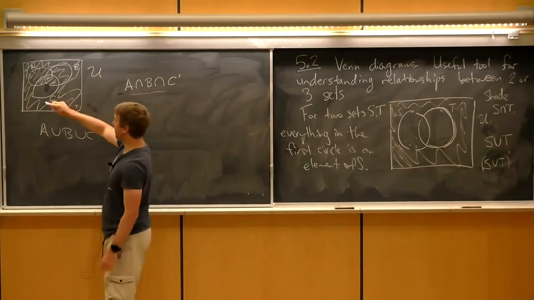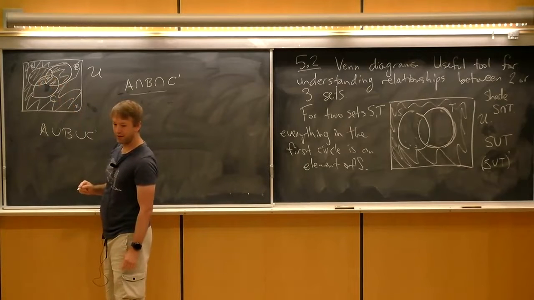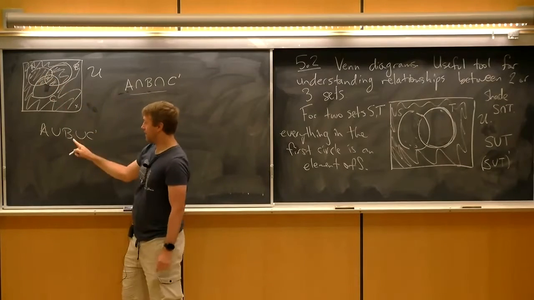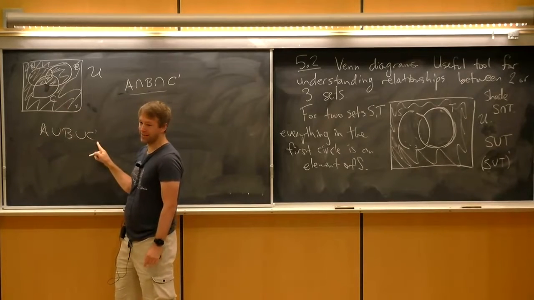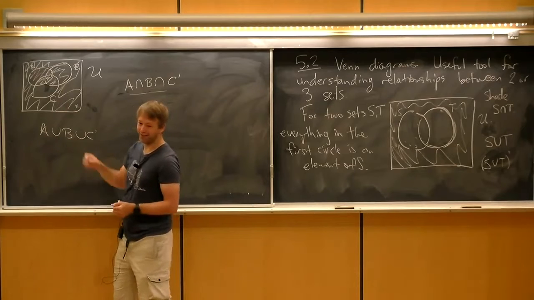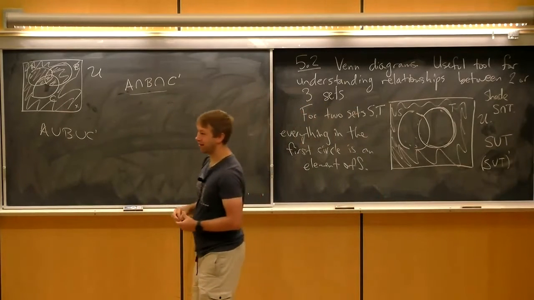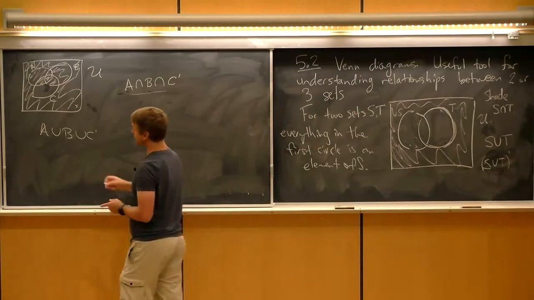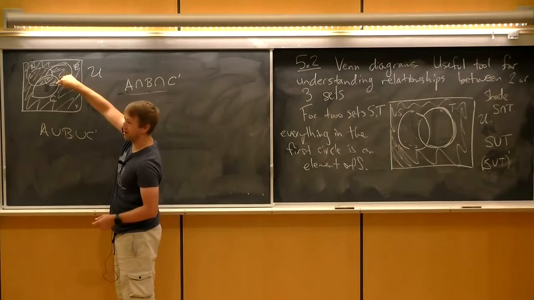Those ones are inside C, but this is an OR. So if it's A or B or outside C, it's shaded because it's in A or B. It's not quite C prime because, for example, that thing gets shaded, and that's not in C prime.